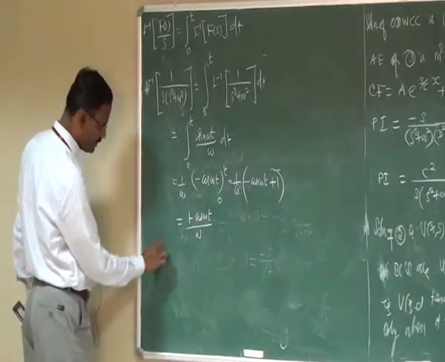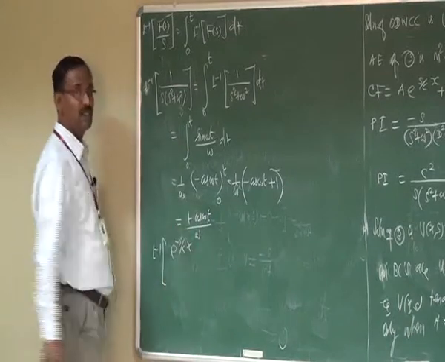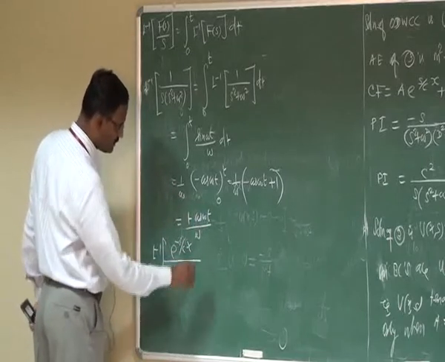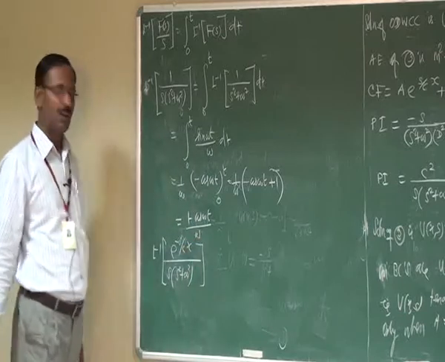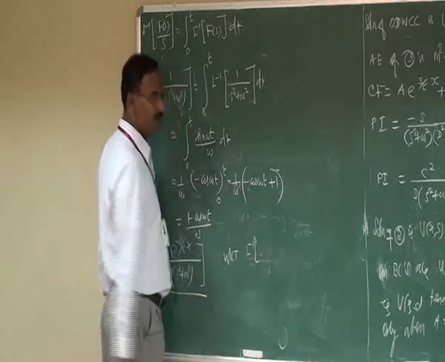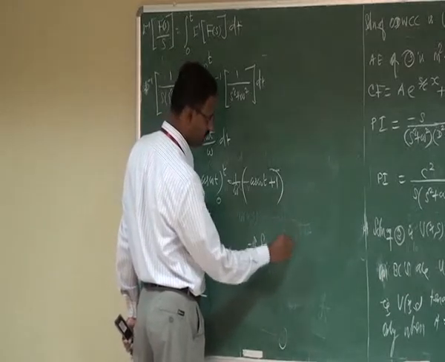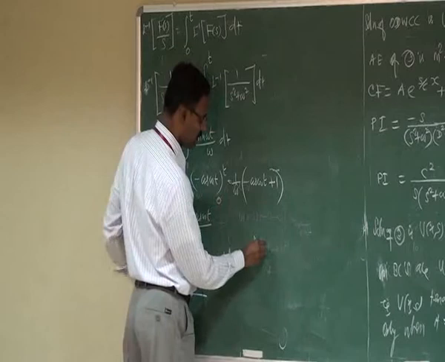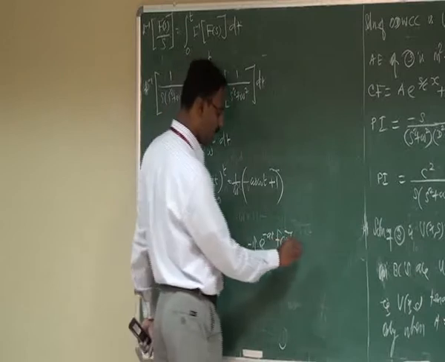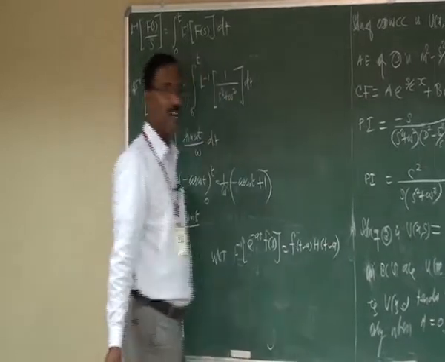Next one, the inverse Laplace transform of e power minus s x by c divided by s into s square plus omega square. As you know, L inverse of e power minus as into f of s is equal to f of t minus a into h of t minus a.